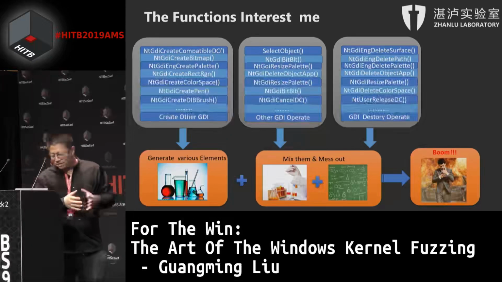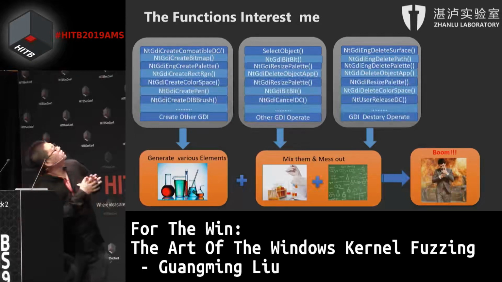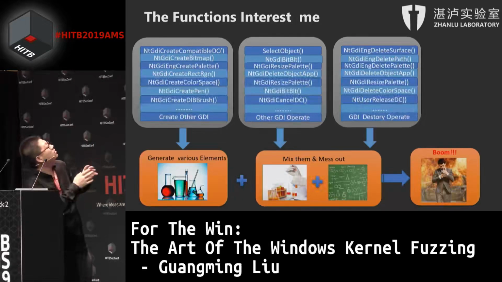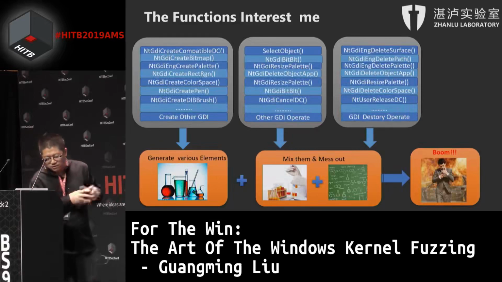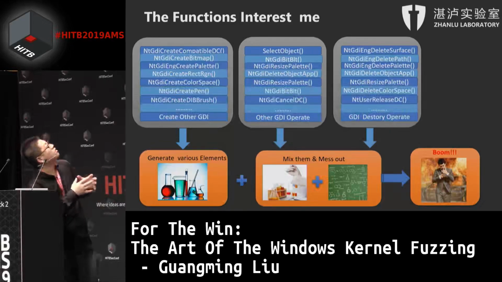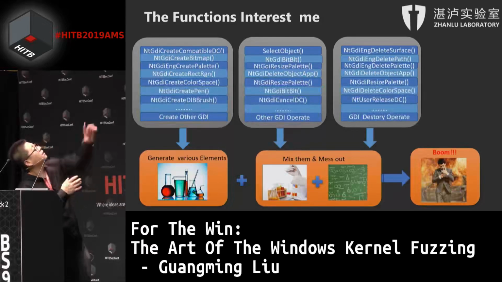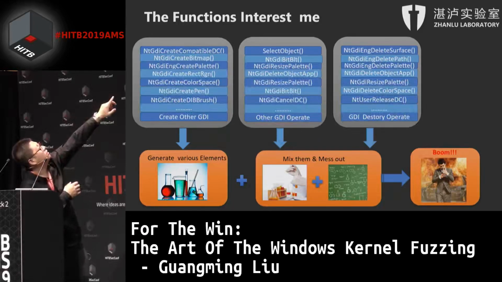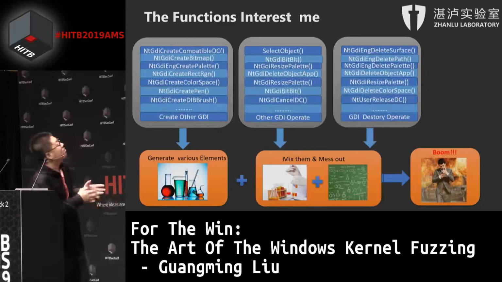The left functions are for generating various objects. The first one is for creating a DC. The next one is for creating a bitmap, and the next are palette, region, color and pen. You can generate many objects.